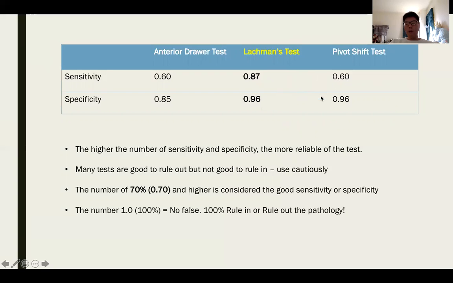So what's the meaning of that? The higher the sensitivity and specificity, the more reliable the test. When you go back to think about the formula for calculating sensitivity and specificity, you will see that the higher the number, the more reliable the test.